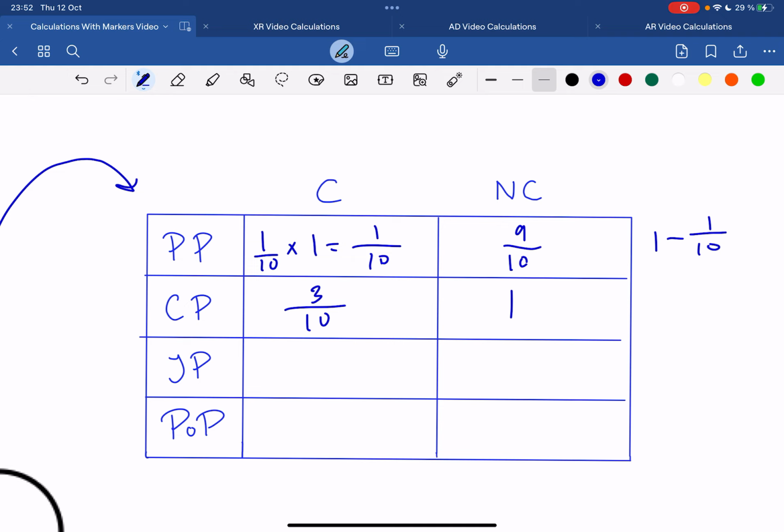Here it's 1. Over here it would be 3 over 100. And over here would be 90 over 100 to equalize the denominators in order to make this step a lot easier. 93. So 93 we get from 3 plus 90, and 3 we just get from the top.